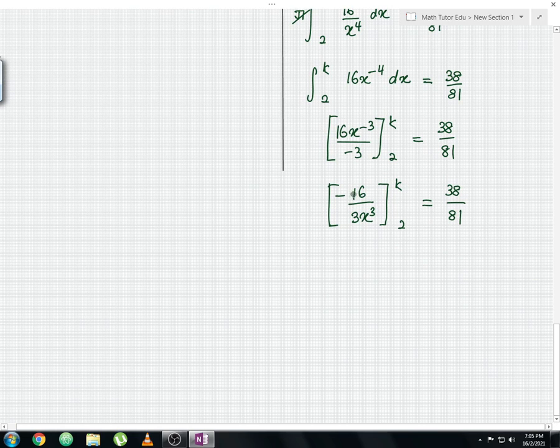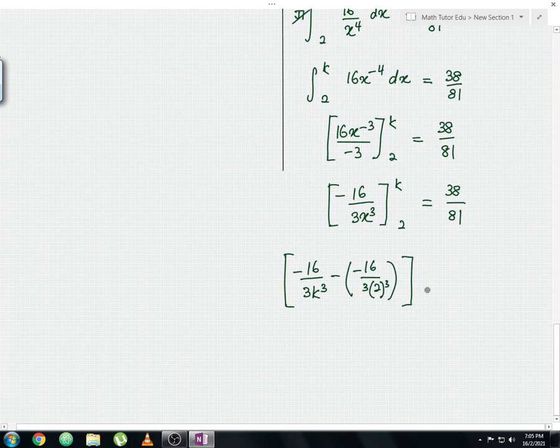You substitute the upper limit first and then you minus the substitution of the lower limit. So from here, negative 16 over 3k cubed, you minus negative 16 over 3 times 2 cubed, in square brackets, and then equal to 38 over 81.